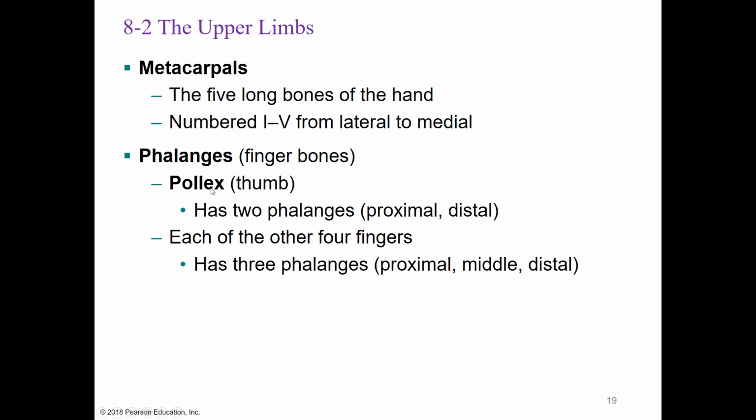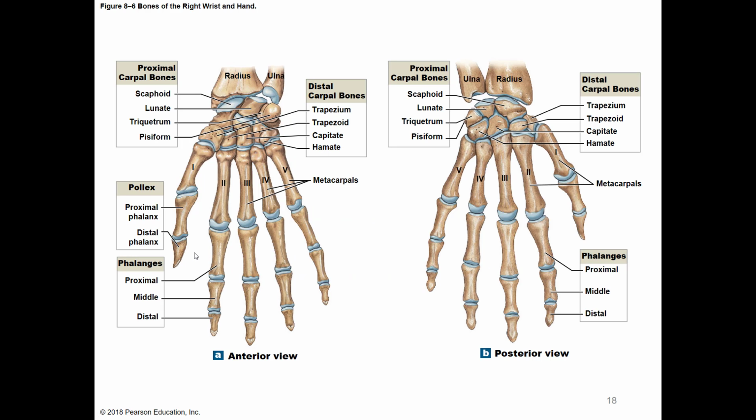The pollex, which is the thumb, has 2 phalanges, proximal and distal. Each of the other fingers has 3, proximal, middle, and distal. So here's our pollex. Remember that this is the palm, so this doesn't count in the phalanges. The phalanges begin here.